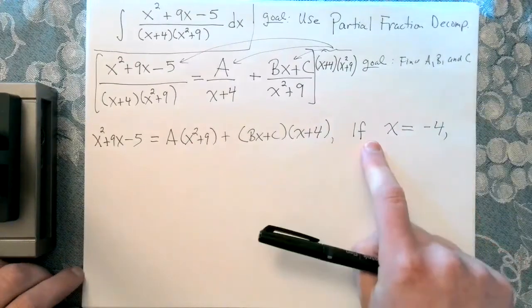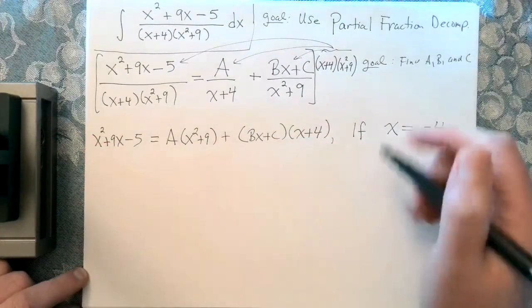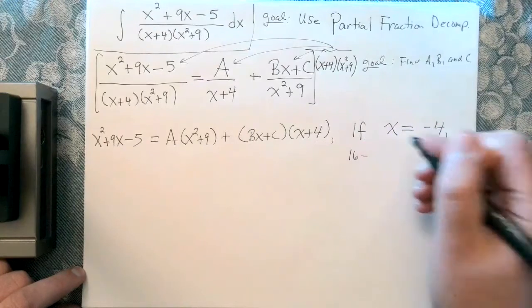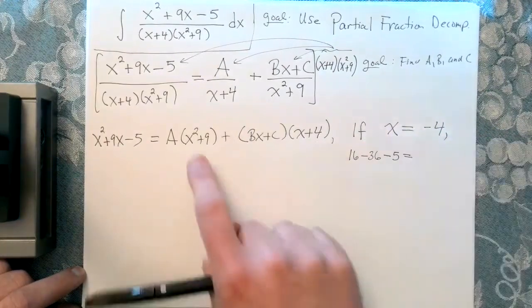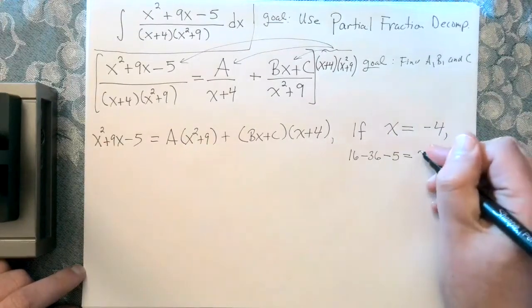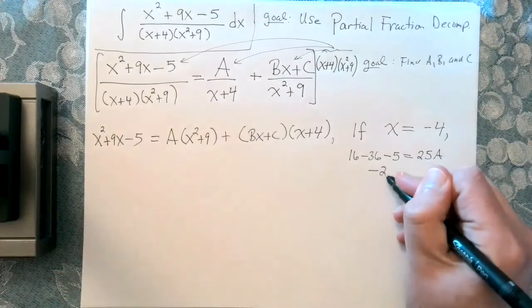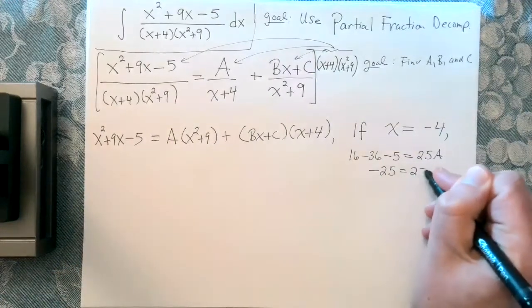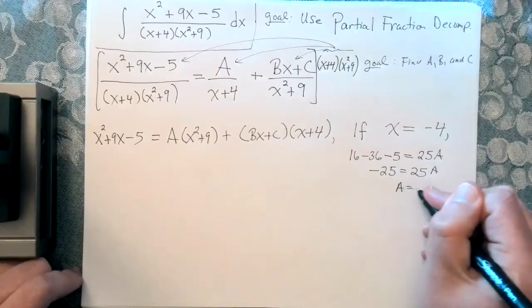Okay, so if x is equal to minus 4, I can plug that in for all x's. So on the left, we get 16 minus 36 minus 5 is equal to 16 plus 9a. Okay, so that's minus 25 equals 25a. And so right now we have a. A must be minus 1.